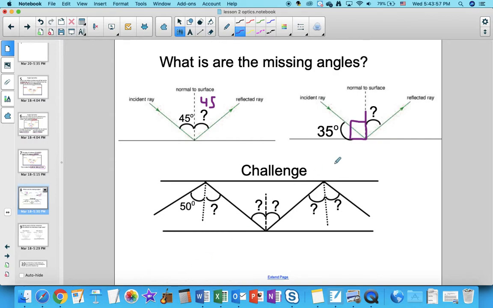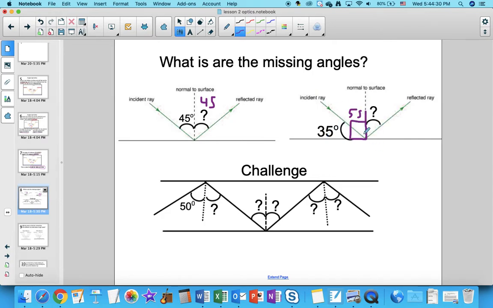So if I have 35 degrees on this side, then it's 90 degrees minus 35, because both of these angles need to add up to 90 degrees. So 90 degrees minus 35 would be 55. So this is 55, 55 plus 35 is 90, perfect.